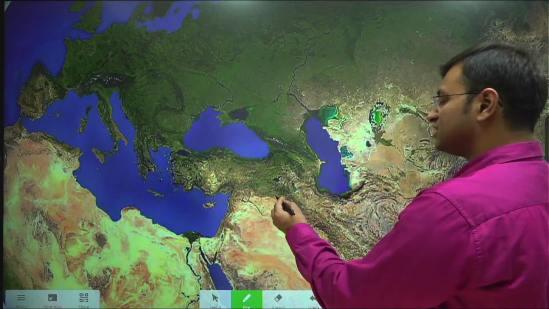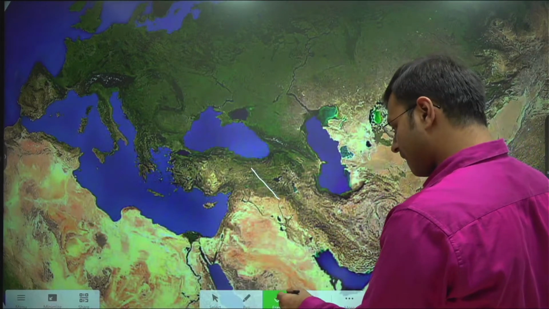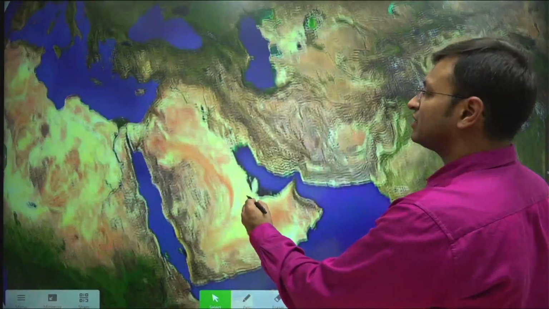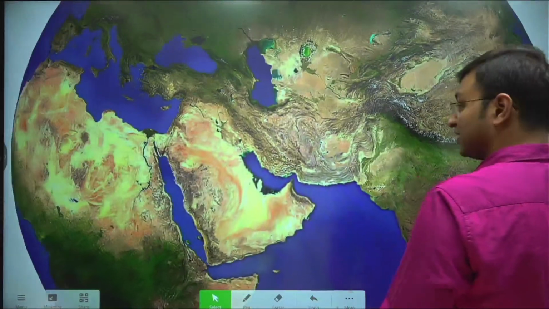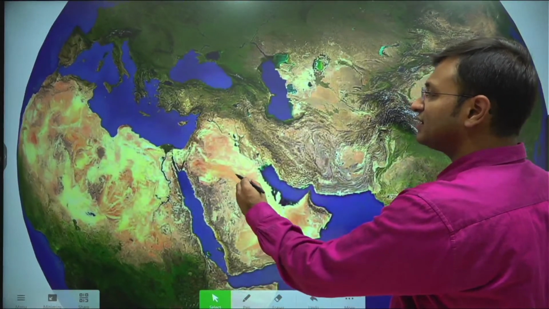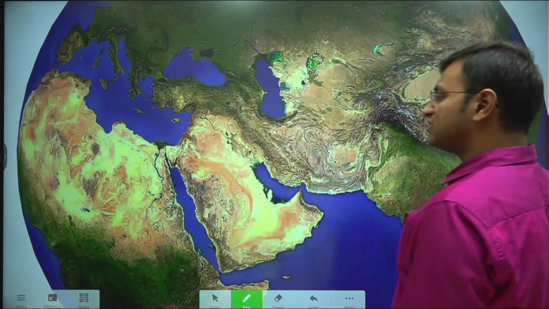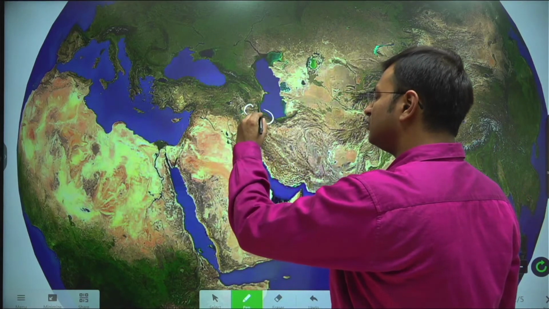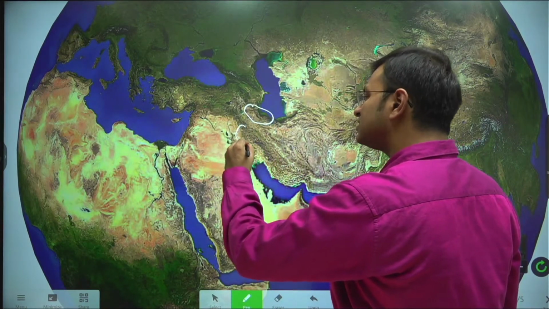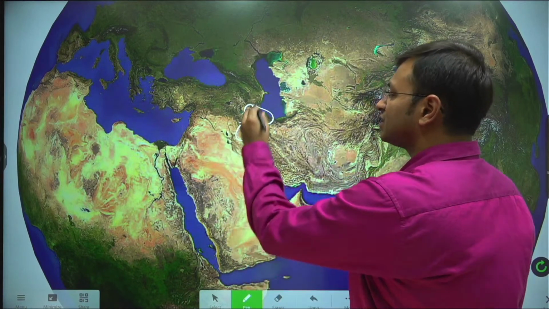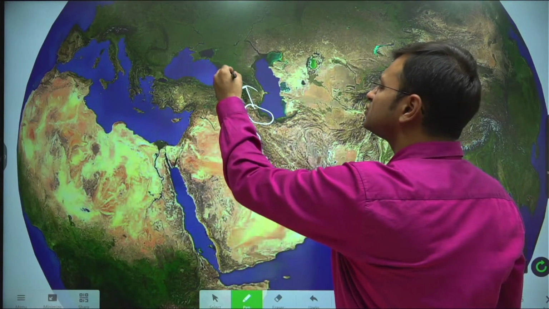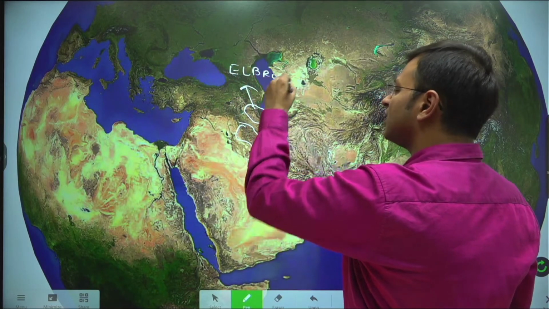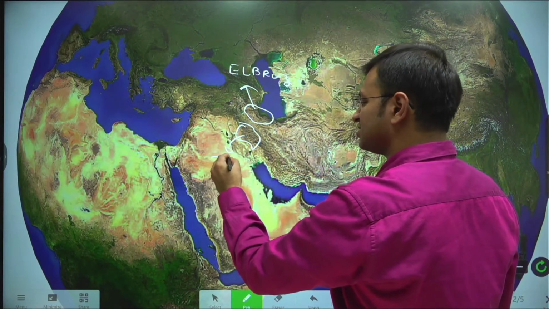Let's come towards Iran. So this is our Iran now, if I'm zooming out slightly. In Iran, you have two distinct mountain ranges. On the northern end, you have the Elbrus Mountains, and on the southern end, you have Zagros.